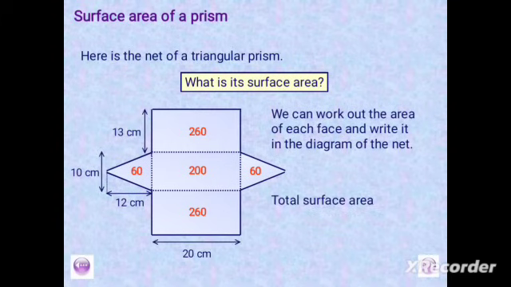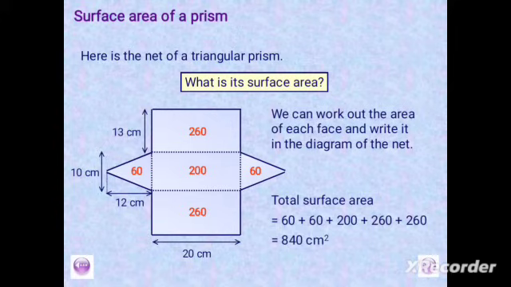For the total surface area, we add all the areas we have got from each face. The surface area of the triangular prism is 840 square centimeters.